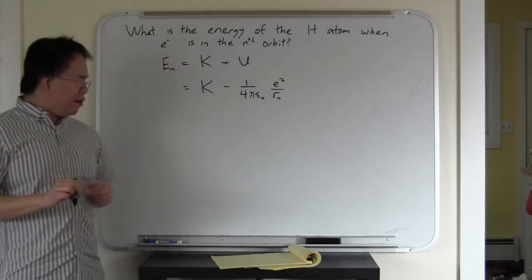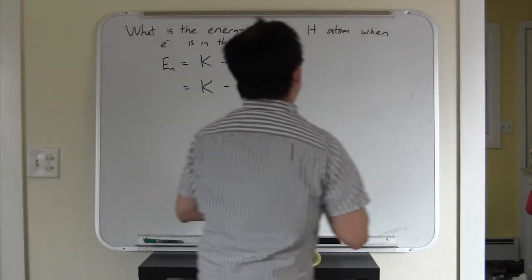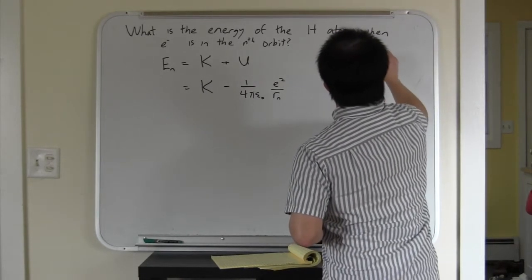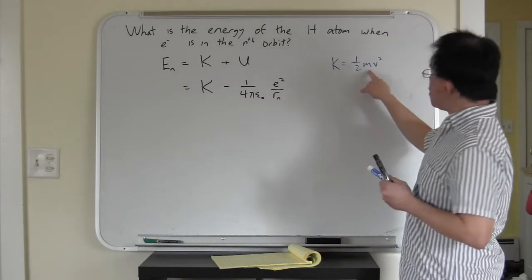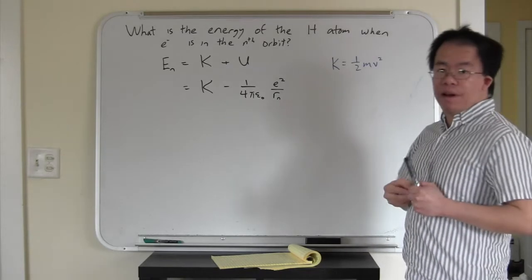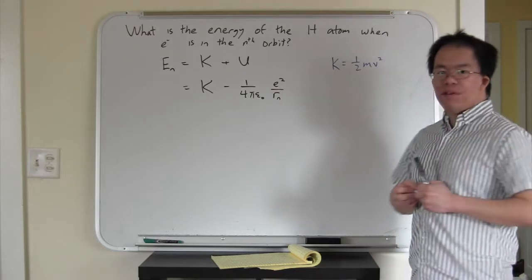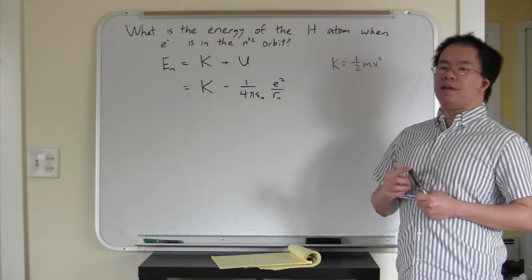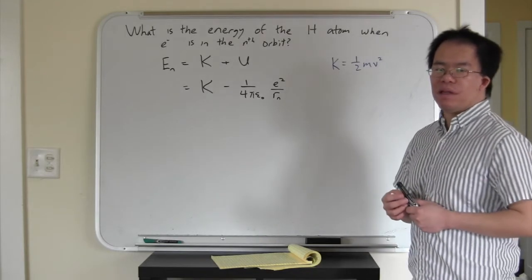Now our kinetic energy, we're assuming the proton is fixed, so this is the electron's kinetic energy, and that's the electron mass here, right? That's just 1/2 mv squared. But what's helpful is that we already know from the Newton's second law analysis we began the Bohr atom discussion with.